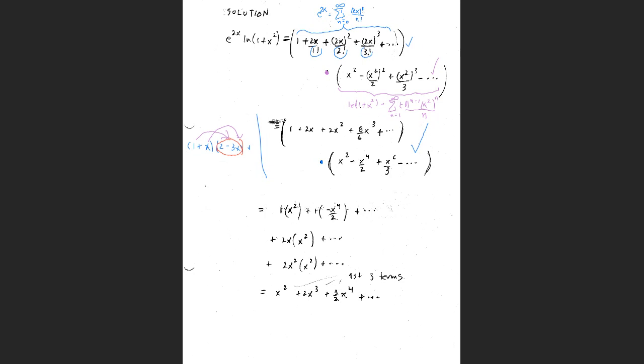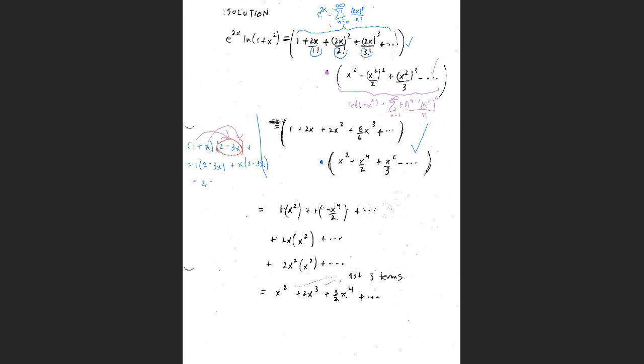And if you did that, that would get you 1 times 2 minus 3x plus x times 2 minus 3x, right?